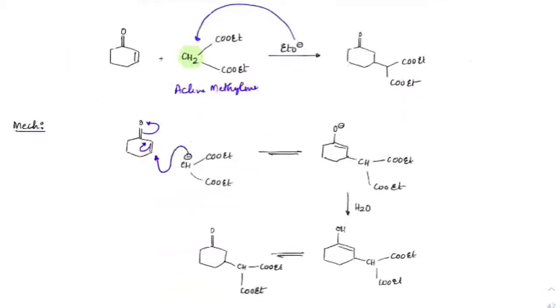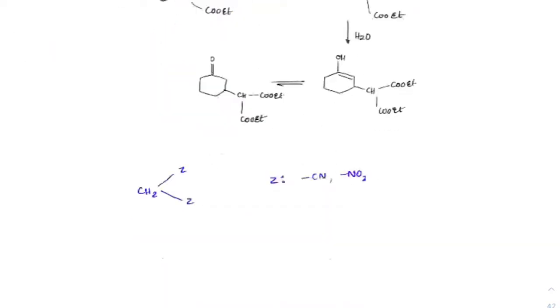Now it is not just only for esters. These groups could be anything, which means if you have CH2 with any Z here, where Z could be any strong withdrawing group like CN, NO2, COOEt, COCl.